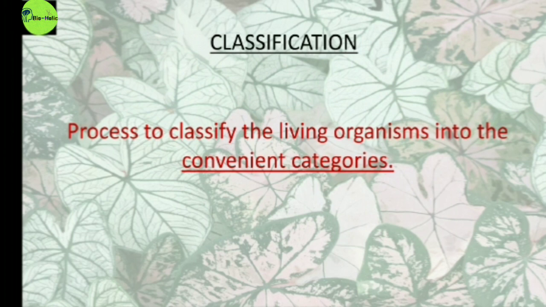So basically we can diversify organisms through this process of classification on the basis of easily observed characteristics or features. When we observe any organism, we classify it to know its characteristics.